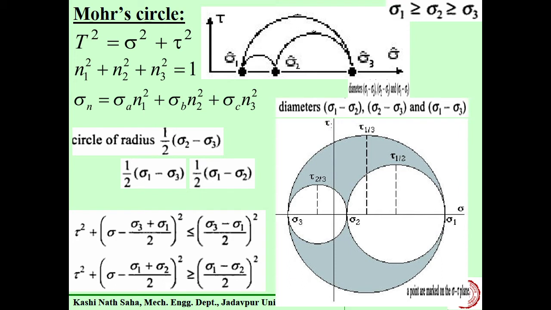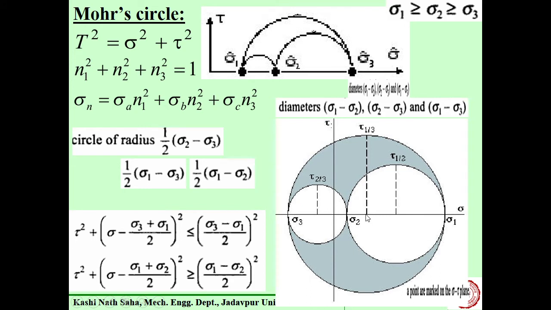So here let us see what is the equation of any particular circle, say the largest circle, that means whose endpoints are sigma 1 and sigma 3. Its center point, that was C1 in our programming, is basically (sigma 1 plus sigma 3)/2. The radius of this circle is (sigma 1 minus sigma 3)/2, clear.